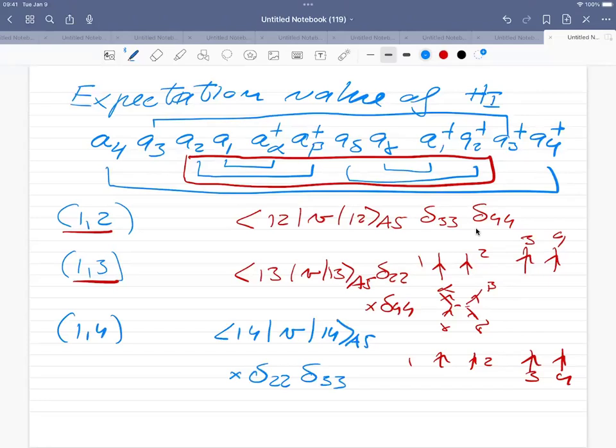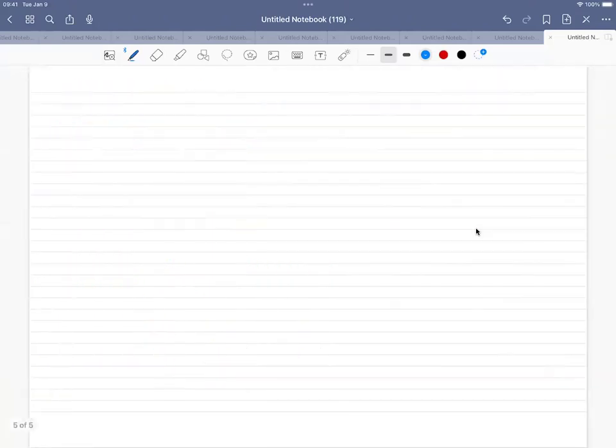And finally, we will have 3, 4. So if we now go back to the next term, 2, 3, that is simply going to give us, when we perform the contractions, 2, 3, V of 2, 3, anti-symmetrized, of delta 1, 1 and delta 4, 4.